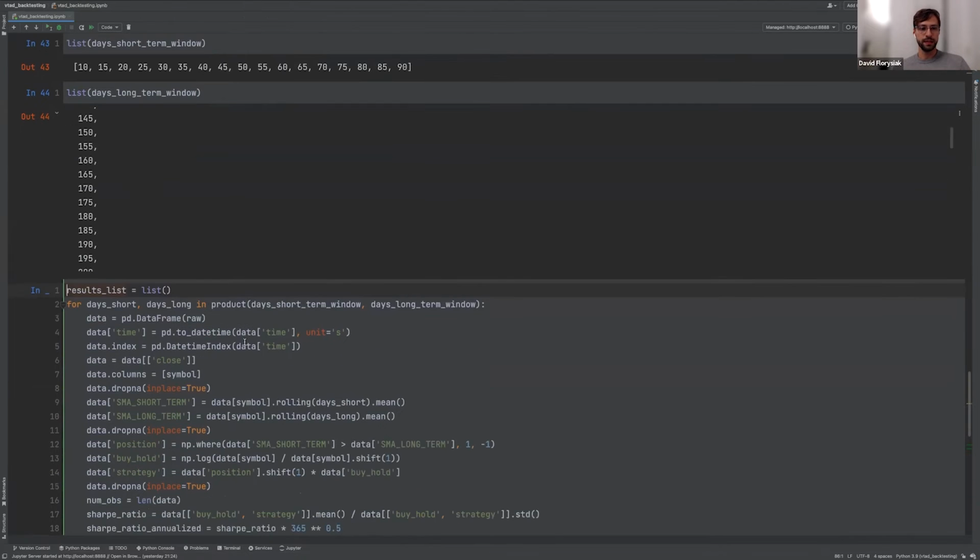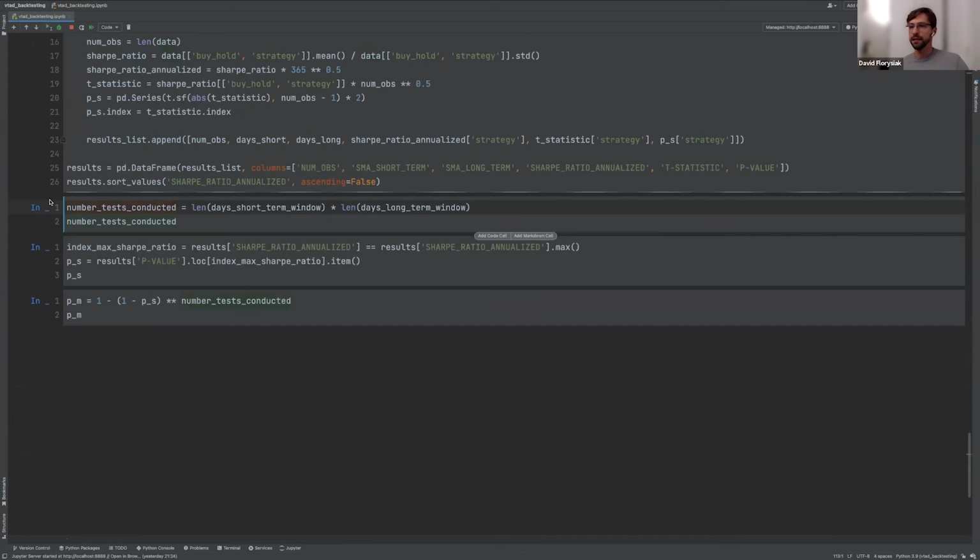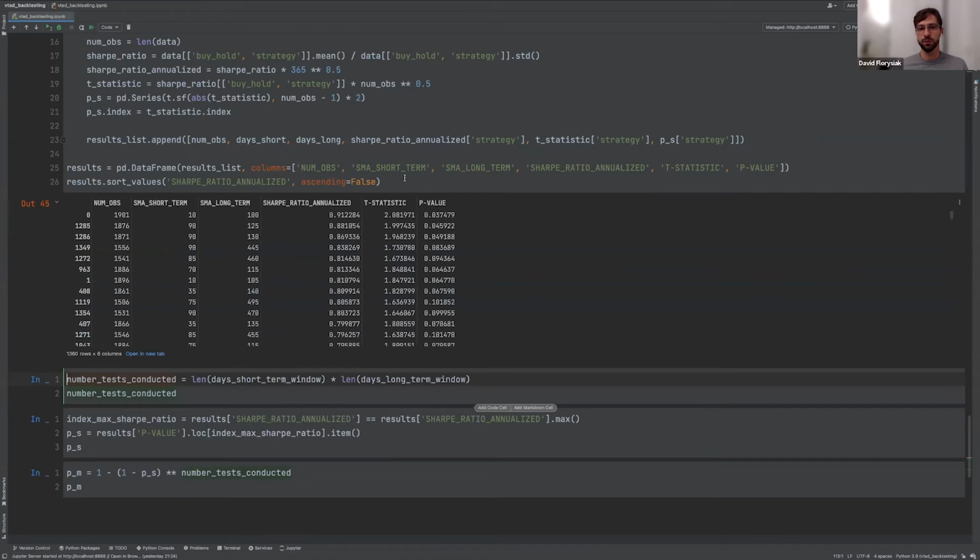We're going to do this exercise that we just did for this one strategy with the one combination of long-term and short-term windows, now for all of these combinations. It's much more than 1,000 combinations, and I'm going to show you the results here. So let's hope that this works.